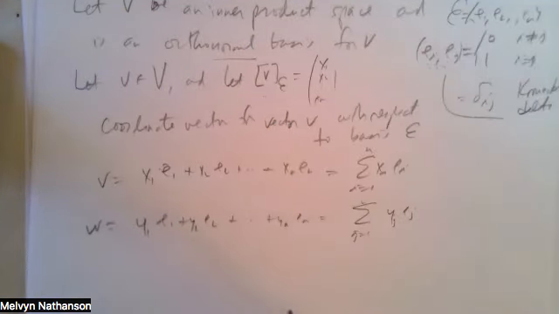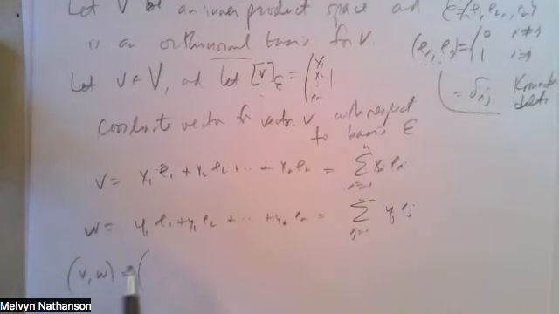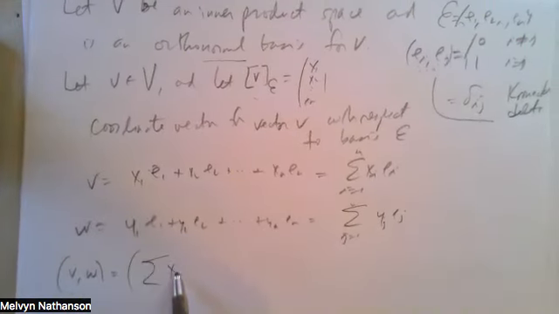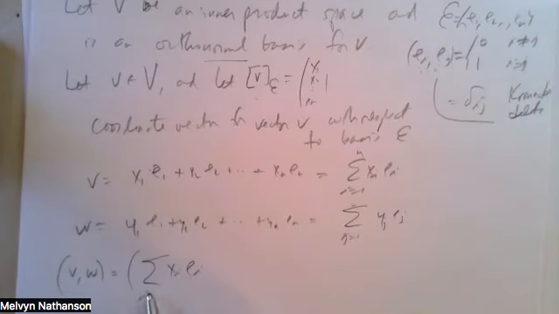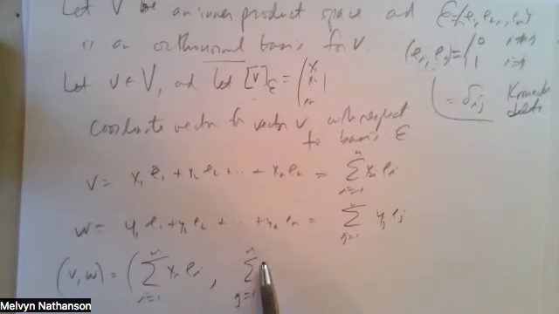The inner product, which might be very complicated, becomes very simple when you write vectors with respect to an orthonormal basis. Because then what is the inner product of v and w? This is the inner product of summation xi ei, i goes from 1 up to n, comma, summation yj ej, j goes from 1 up to n.